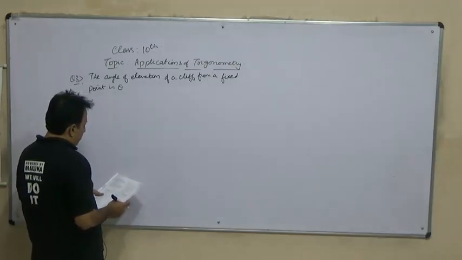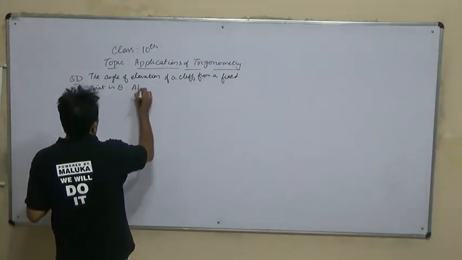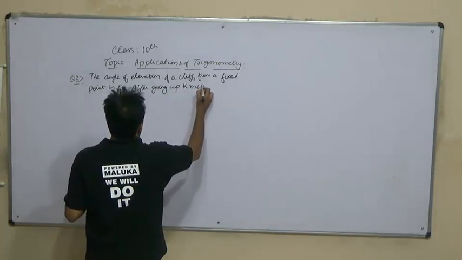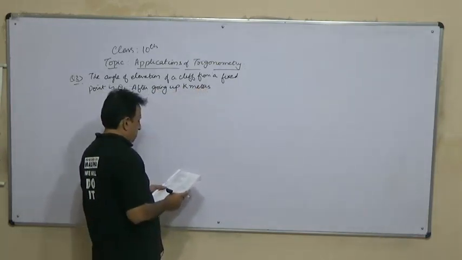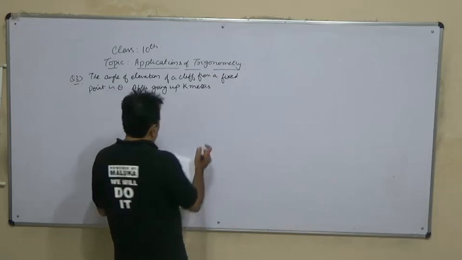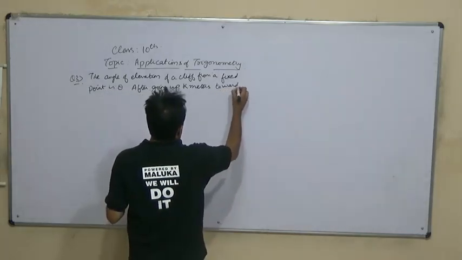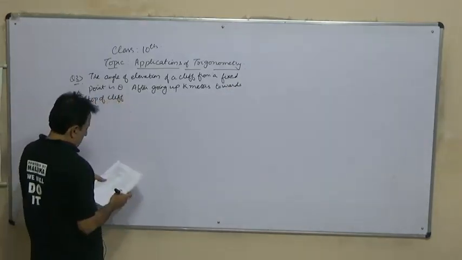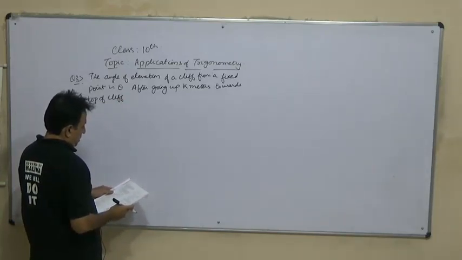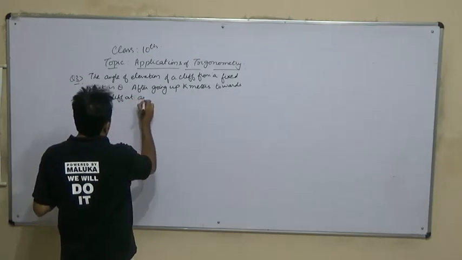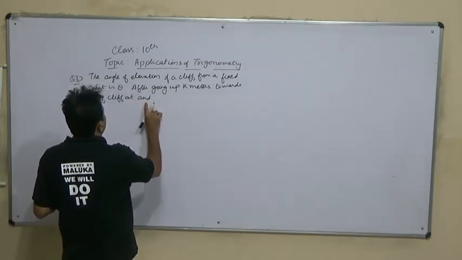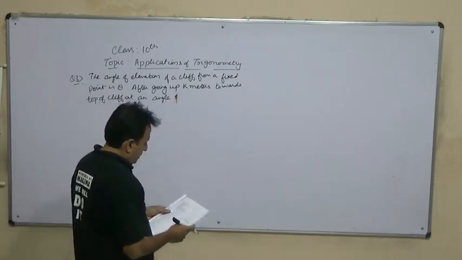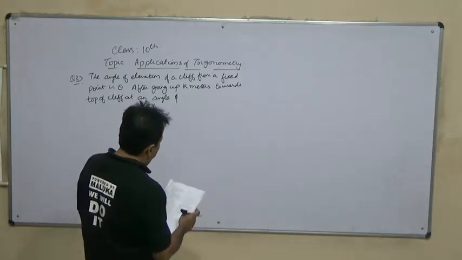After going up k meters towards the top of the cliff, at an angle phi, it is found that the angle of elevation is alpha.